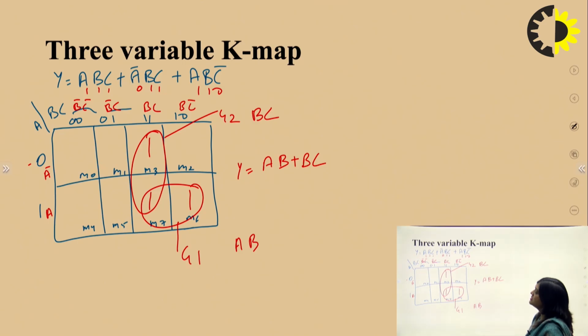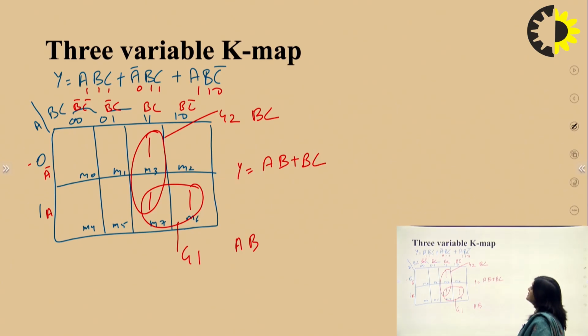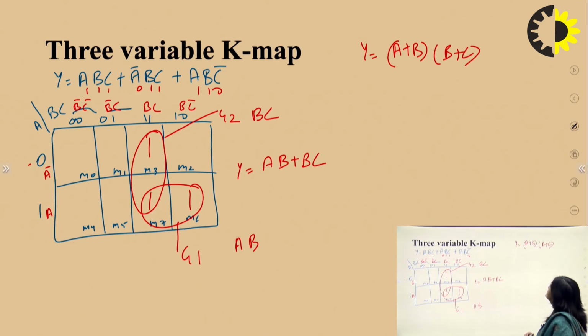Now what will happen if all the cells of the K-map include 1? The answer will be, in that case, Y is equal to 1. And if the expression is in the form A plus B and B plus C, here we can see this is not in the canonical form. Canonical form means each term includes all the variables.